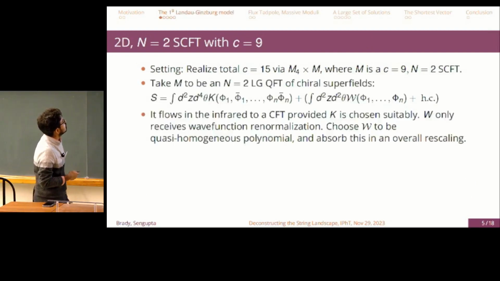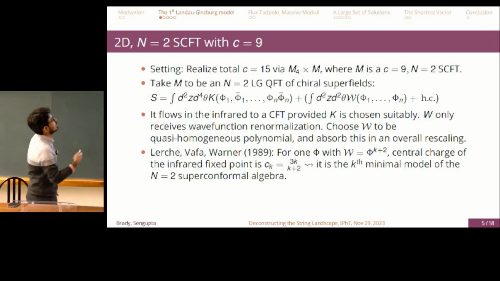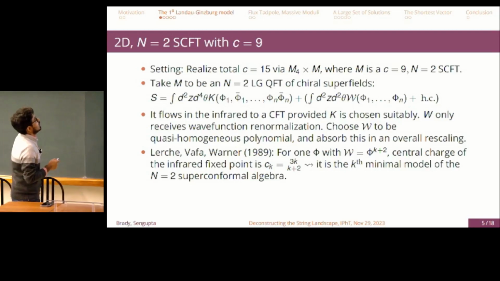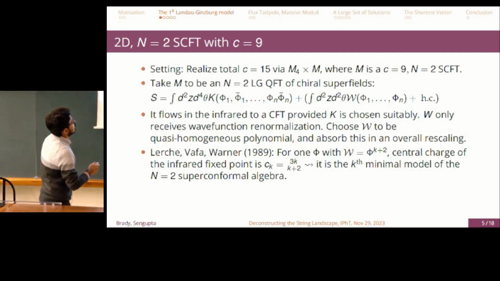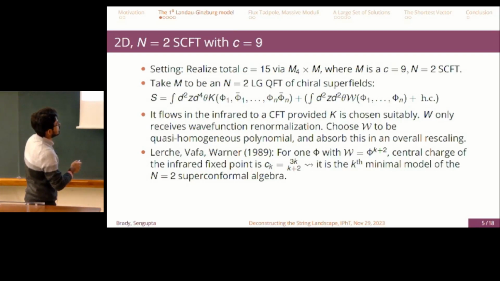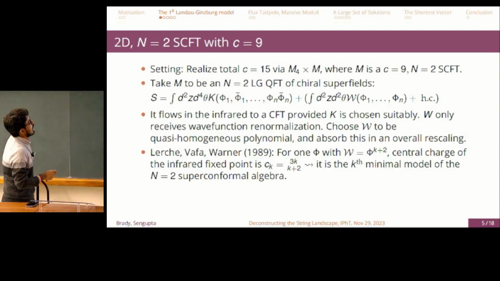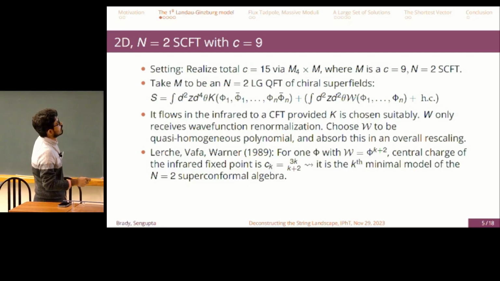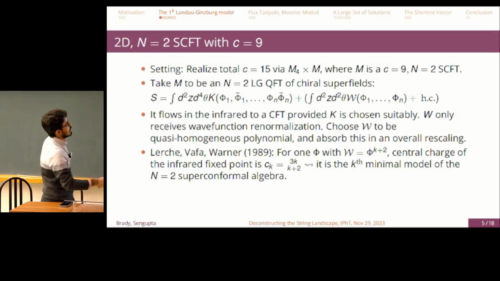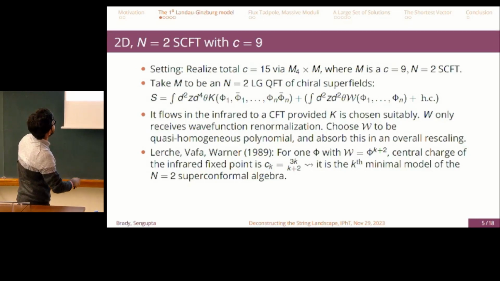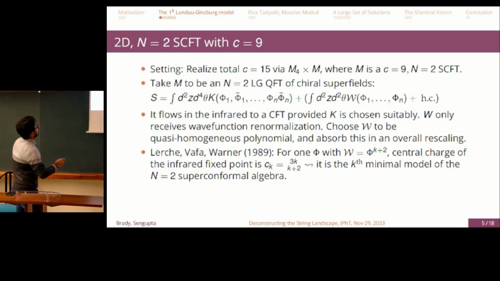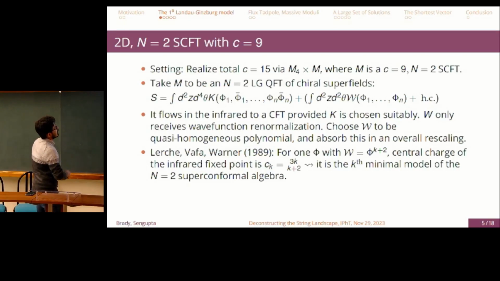Okay, so let me first give you the basic ideas. So we essentially write down string theory where c equals 15, where M4 is the non-compact space-time directions, and M is the internal SCFT where c equals 9. Now, an N=2 Landau-Ginzburg QFT of chiral superfields is usually given by this kind of an action, where this W is the world sheet superpotential, and this K is the Kähler potential.